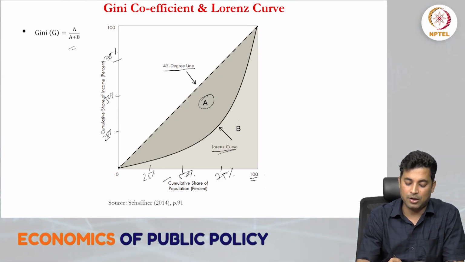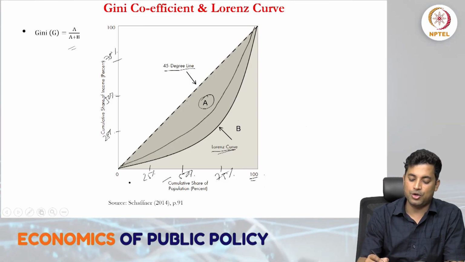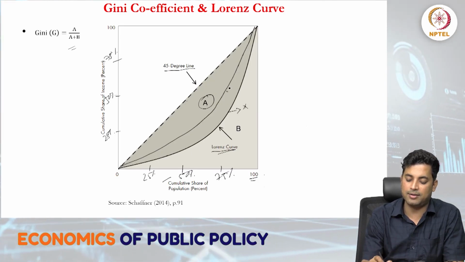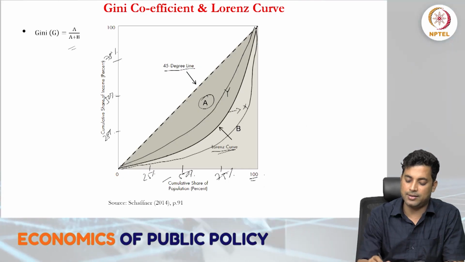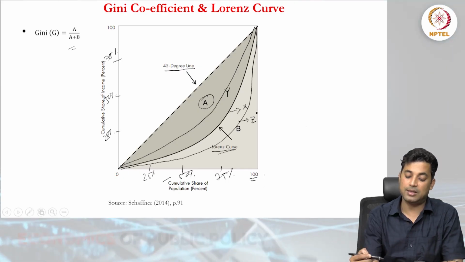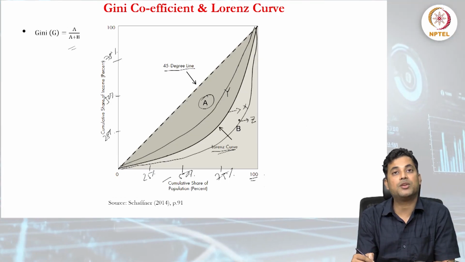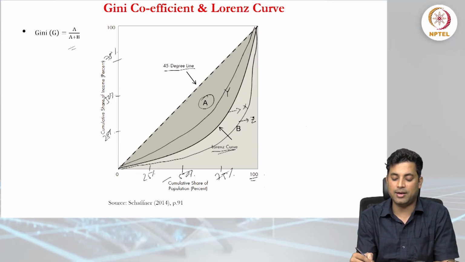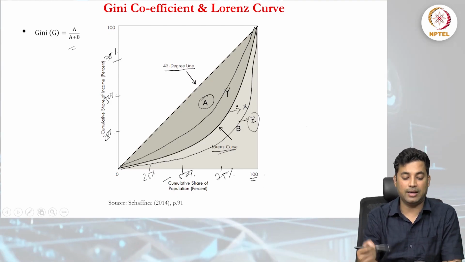With the help of Lorenz curves, say this one is for country X, this one for country Y, and this one for country Z. Obviously country Y's inequality score will be less than country X's, and the Gini will be higher in the case of country Z.